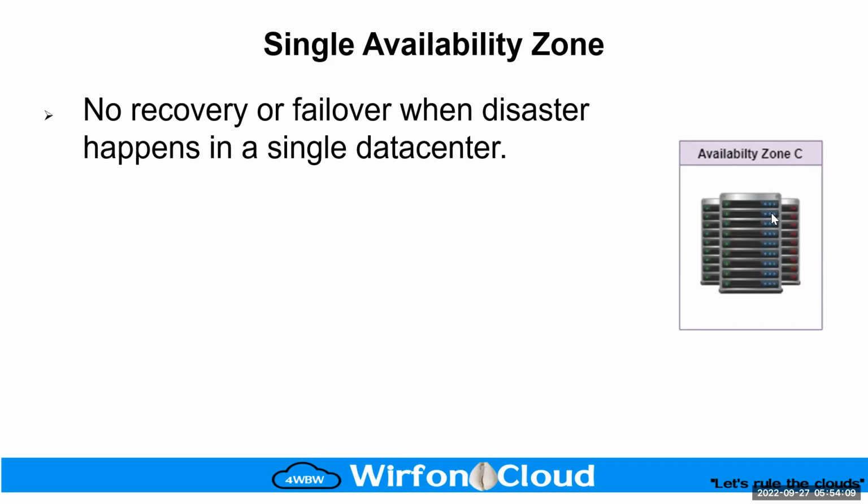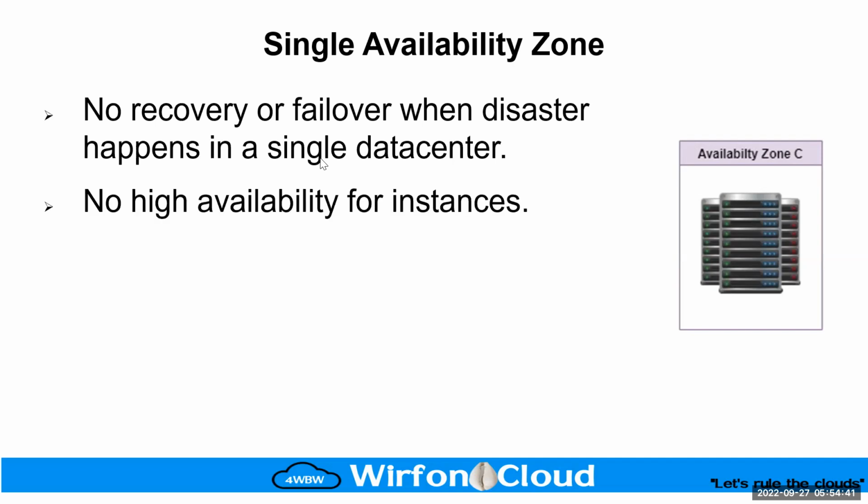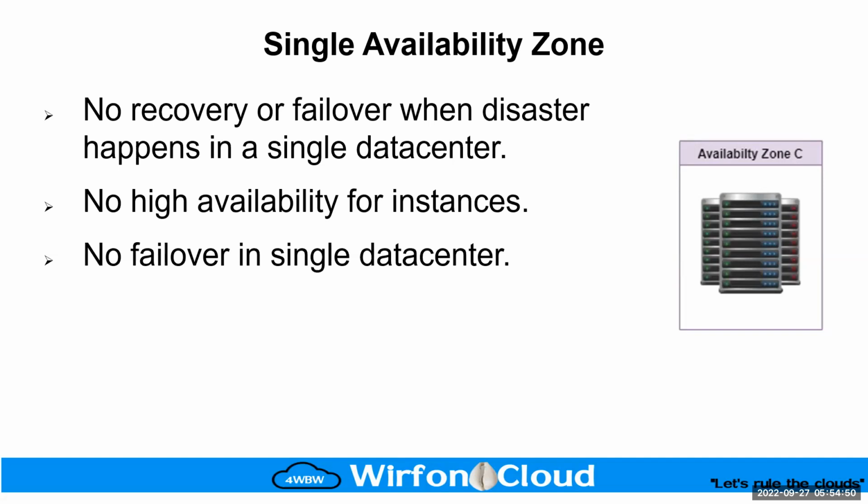So what happens if there's an earthquake, for example, or any natural disaster, and it destroys the network connectivity of this data center? If you have data stored or your application running only on the servers in this data center, you have no recovery or failover when that disaster happens. So there's no high availability for instances. Again, there's no failover in a single data center.